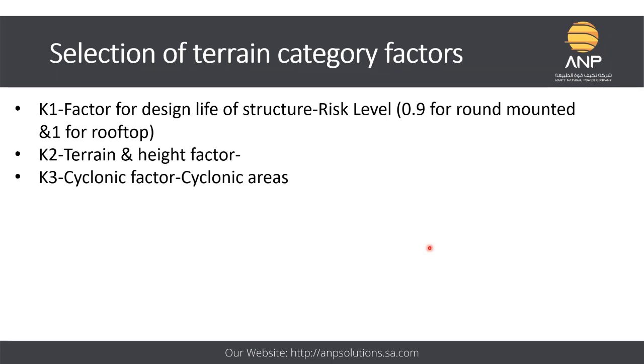In another case, if there is no building and the installation is in an open area, the wind speed will be more. You also have to consider the cyclonic factor. If your installation is in a cyclonic area, you also have to consider the risk level. If any cyclone comes in the future, your structure should be capable of sustaining that cyclone.